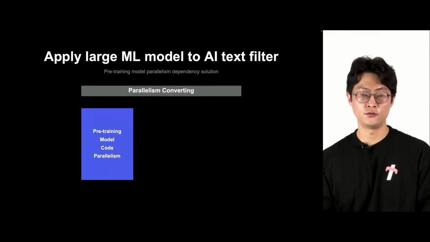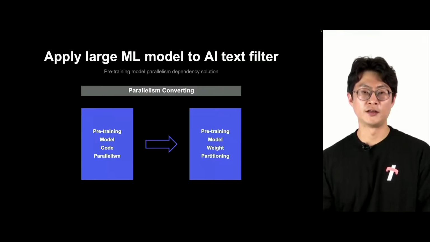And in order to solve this at the fine-tuning stage, we created a converting algorithm that enables parallelism in public pre-training models. The first is to enable parallelism of the public pre-training model code itself.